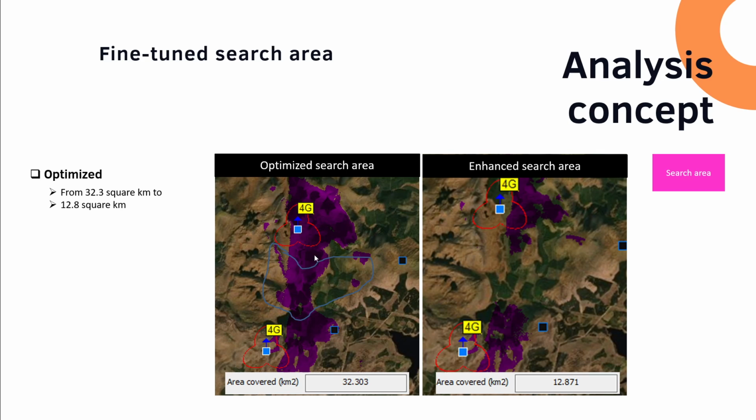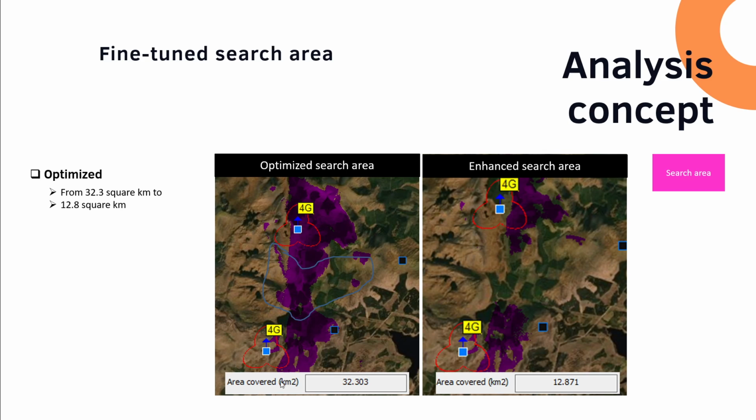You see this area here is covered primarily or dominantly by these two cells. These two cells are not connected, which means you can remove that area from your search area, and now the search area is restricted to these two small patches here.